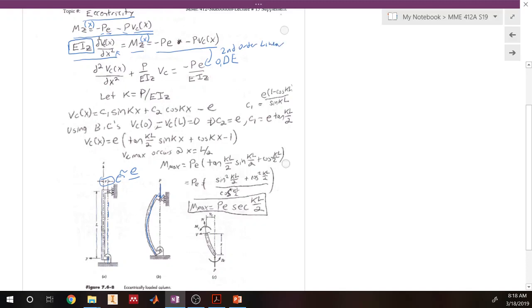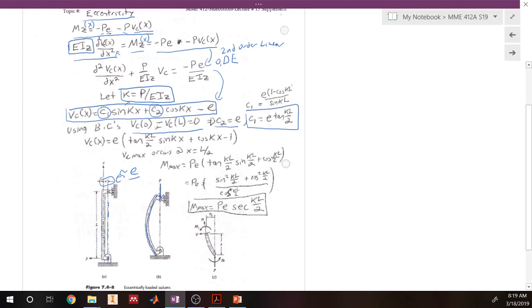If we solve this equation, a solution is this one here, where k is equal to the force applied along the column divided by the Young's modulus times the moment of inertia. We can again use the boundary conditions to solve for our two unknown constants, C1 and C2. If we do that, we get C2 equal to epsilon e, and C1 equal to the tangent of kL over 2.